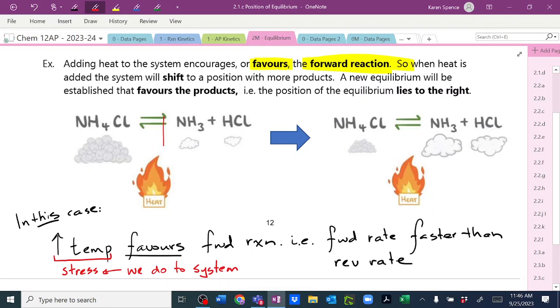Now, I'd actually like you to think about this for a moment. If we increase temperature, what's going to happen to the forward rate and why? Explain it to your partner.